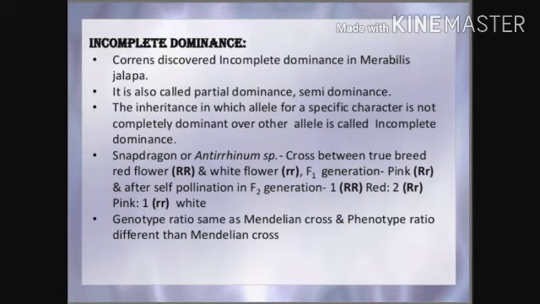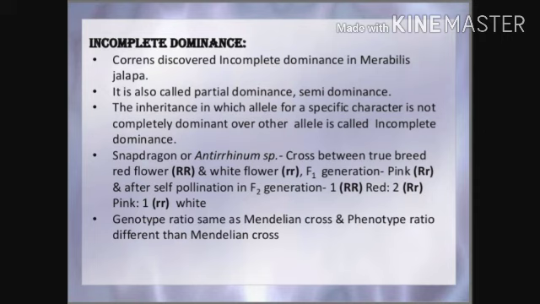Example, snapdragon or Antirrhinum species, in which a cross occurs between true-breeding red flowers and white flowers. Red flower capital R capital R, white flower small r small r. In the F1 generation, pink flowers will be produced, that is capital R, small r. And after self-pollination, in the F2 generation you will see 1:2:1, that means red:pink:white.